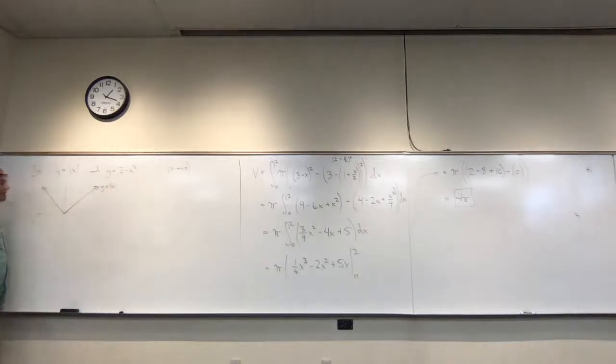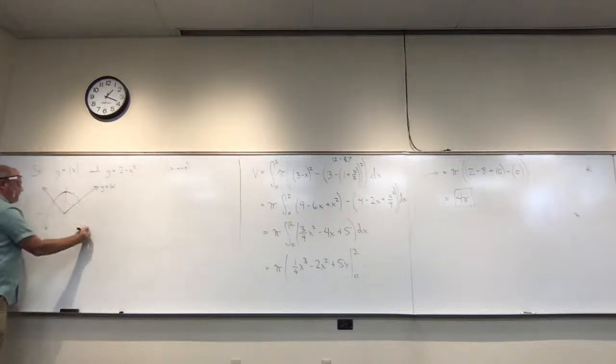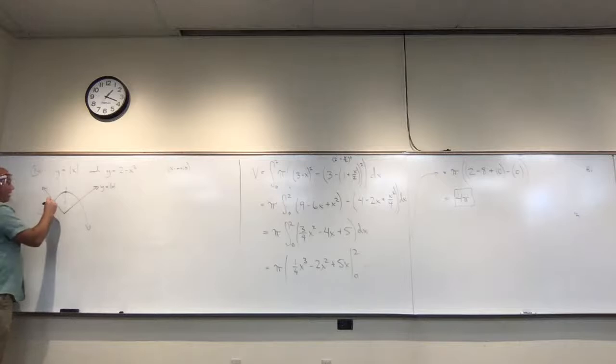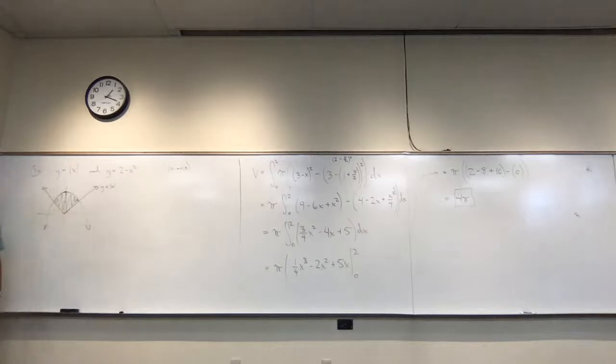So there's y equals absolute value of x. y equals 2 minus x squared is a parabola. It's facing down, and it starts up at 2. So it's kind of this kind of thing. So what's trapped in between is right here, correct?